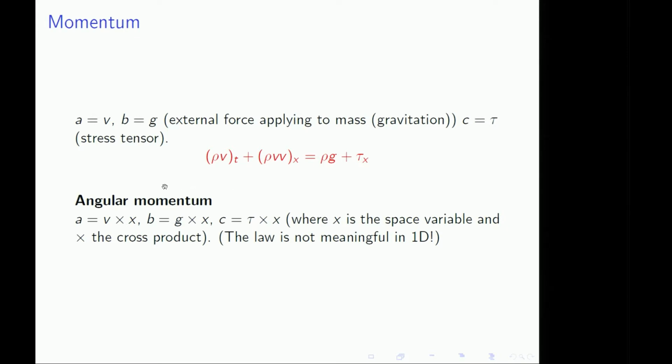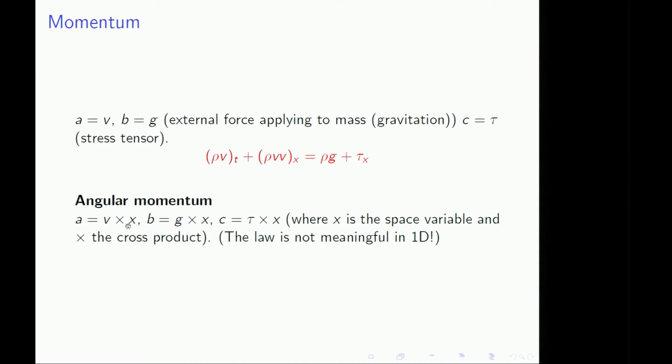So the law of angular momentum can be written mimicking the law of conservation of momentum, just by replacing everything by thing cross x, where x is a cross product and x is the space variable.